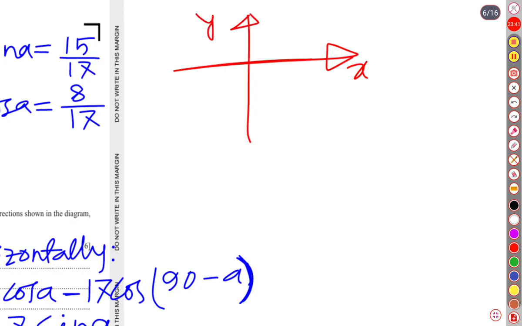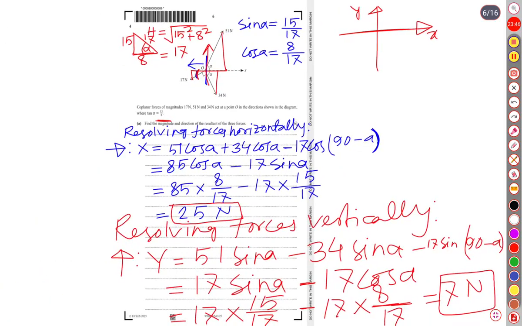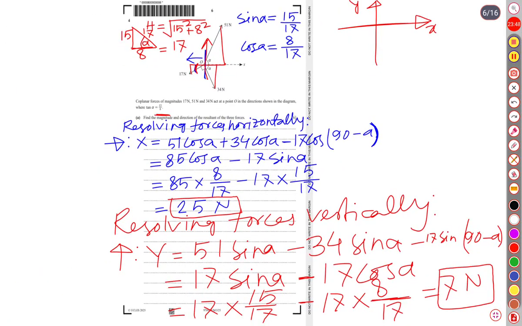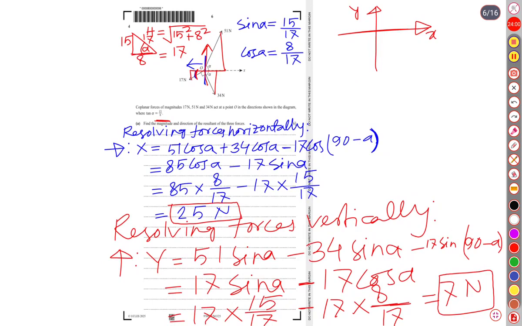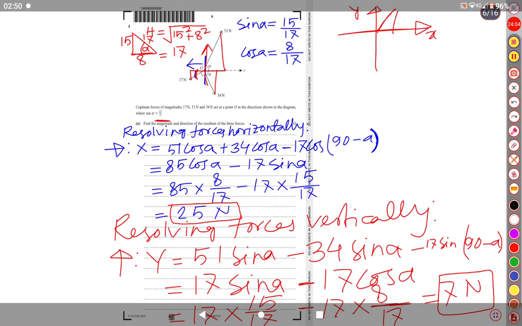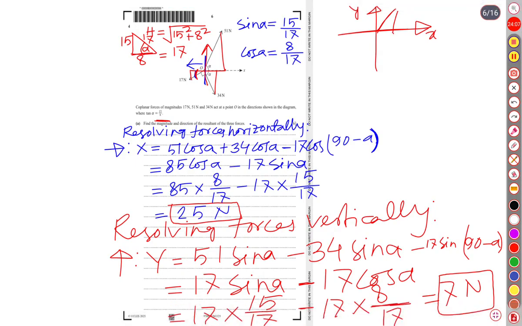In the x direction, the resultant force is 25, which is positive, and in the y direction also the resultant force is 7, which is positive. So as both of them are positive, the magnitude will fall in the first quadrant. Okay, so this is our triangle. Let me draw the triangle a little better.